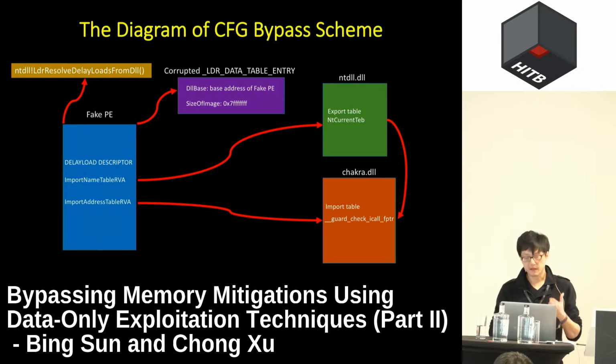The reason we call it malformed is because the import address table is actually outside the fake PE itself. In this case, it is in chakra.dll. This particular descriptor requests the OS module loader to replace the current function pointer in __guard_check_icall_fptr with the export function in ntdll, that is NtCurrentTeb.